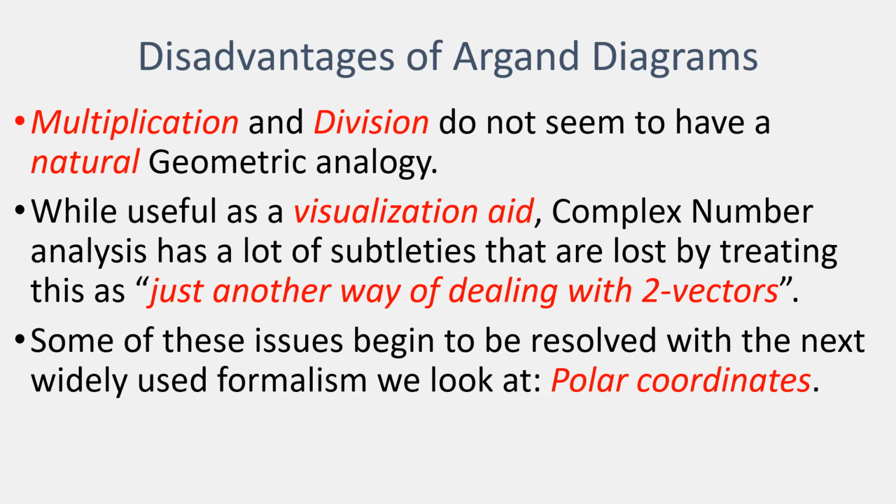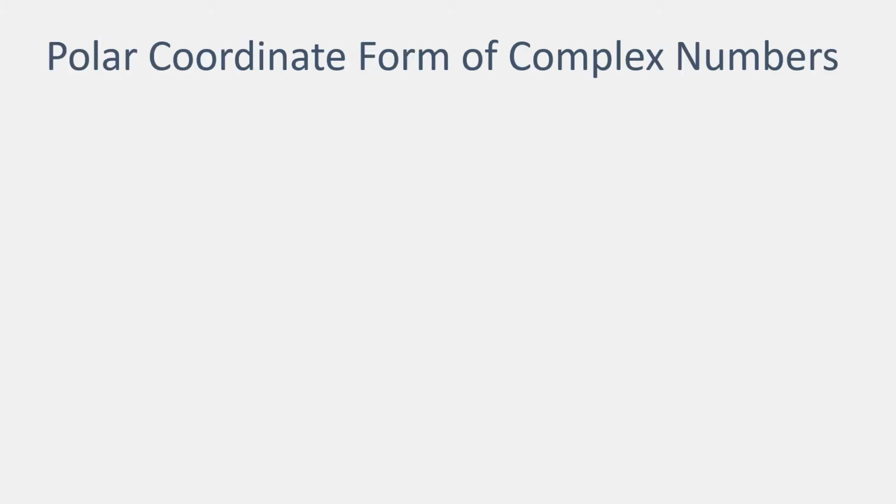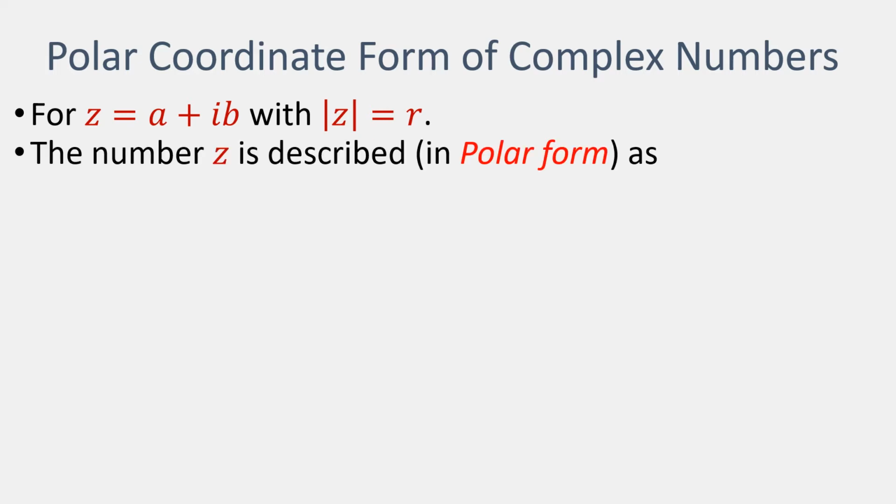We start to address some of those issues with another geometric form which is referred to as polar coordinates. So what happens with polar coordinates? We take again our standard form for a complex number, and let's suppose this complex number has some size r. The number in polar form we represent again as a pair: the size of the complex number, and some other object theta.